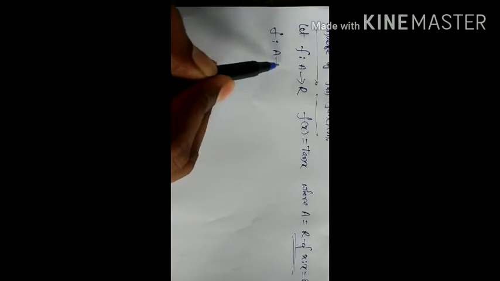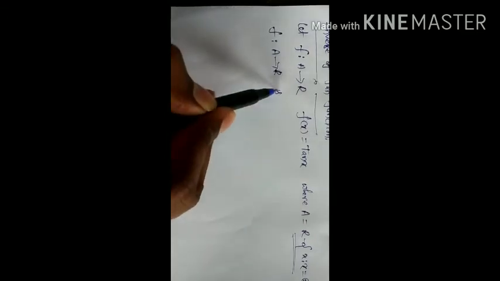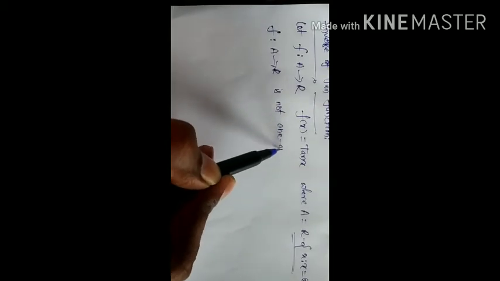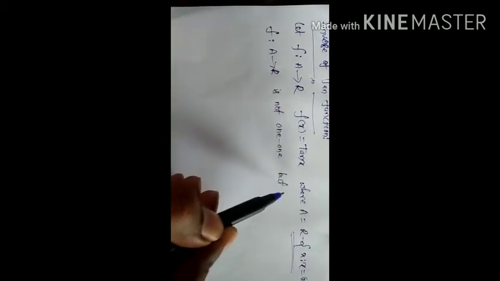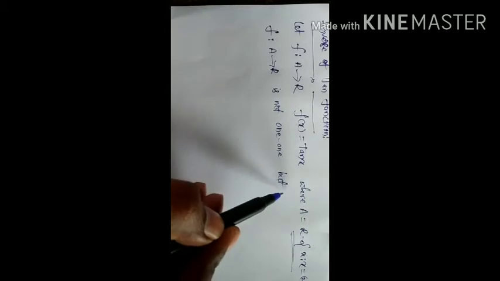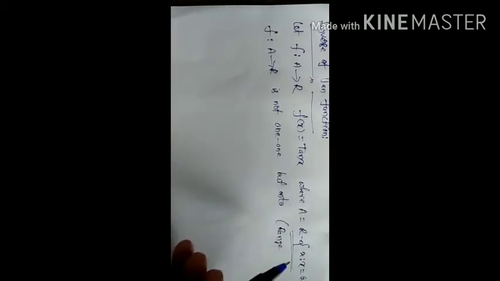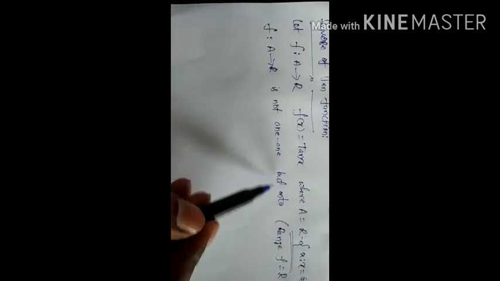Here the function f from A to R is not a one-one function, but it is an onto function, right? It is onto because the range of the function f is R only, so that's why it is an onto function.